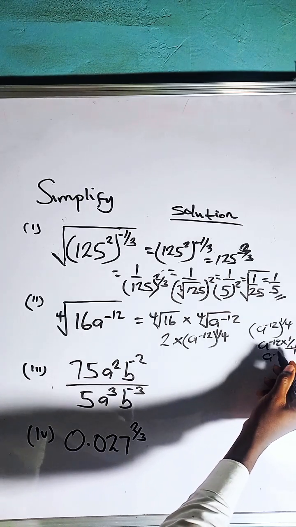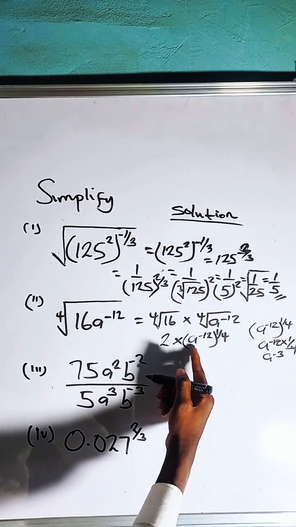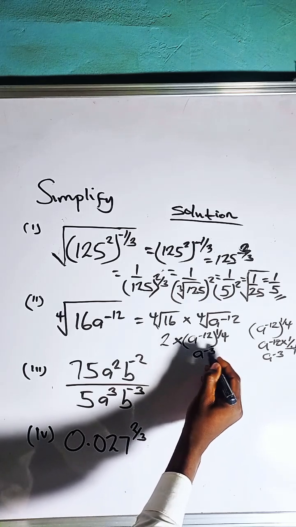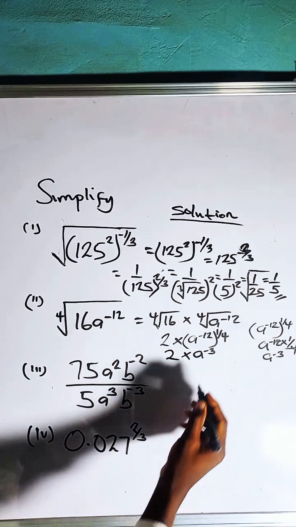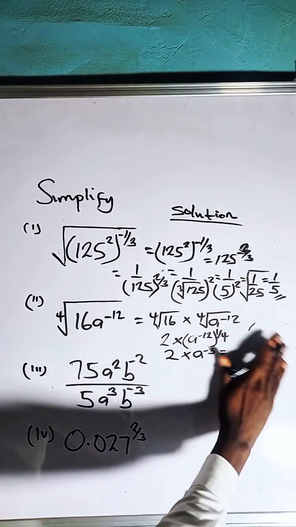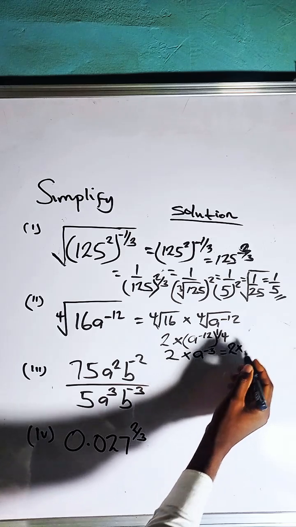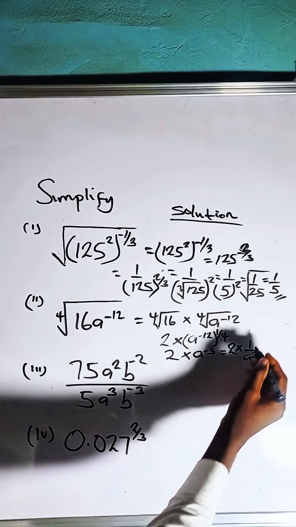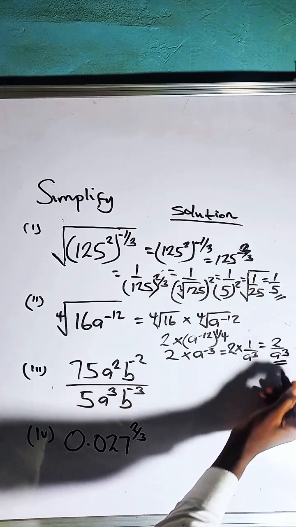So we have a raised to minus 3, times 2. So we have 2 times a raised to minus 3, which is 1 over a cubed, which equals 2 over a cubed.